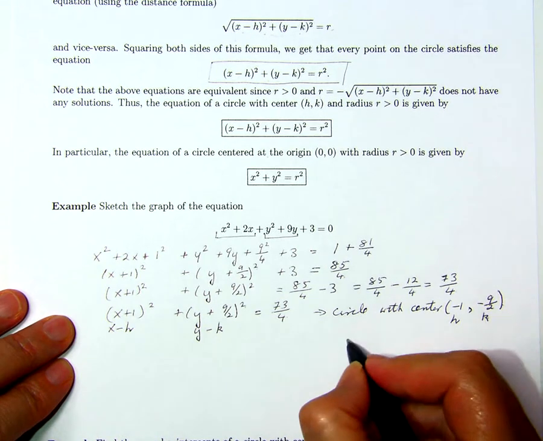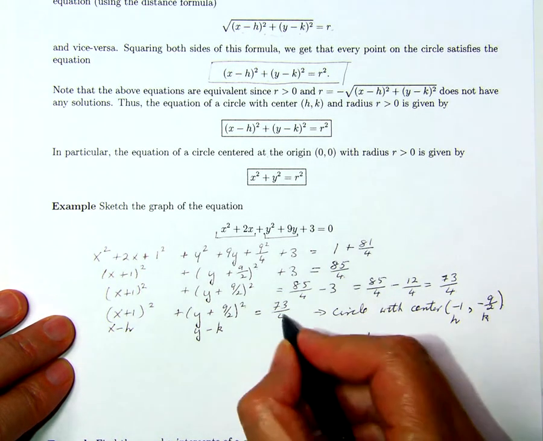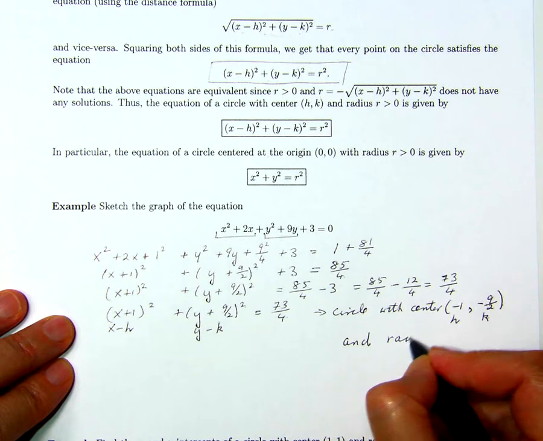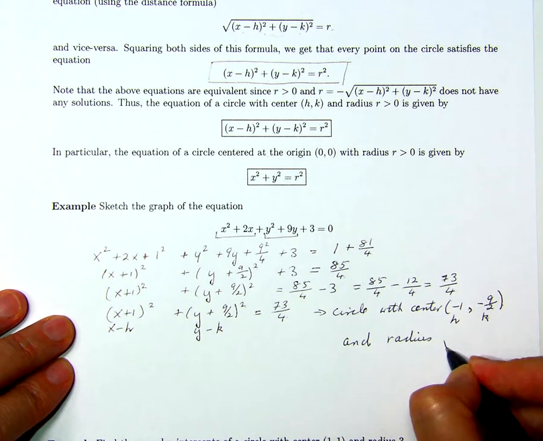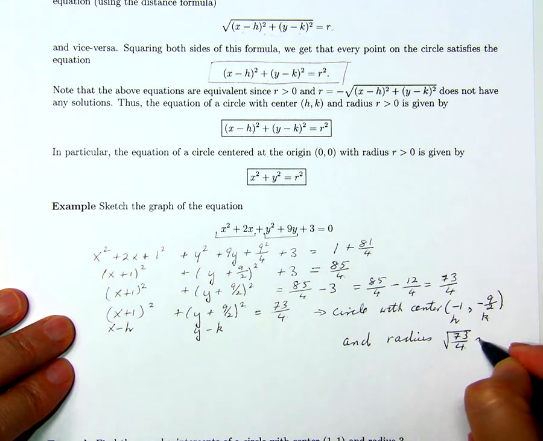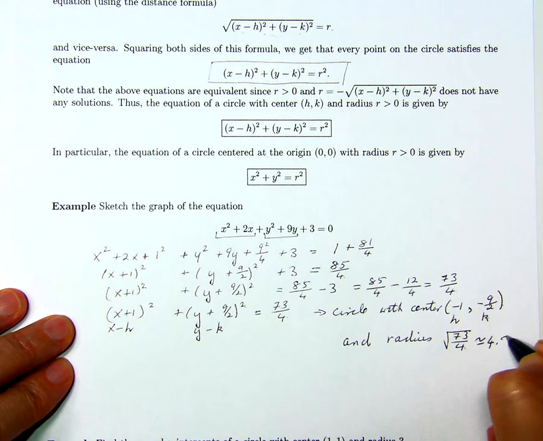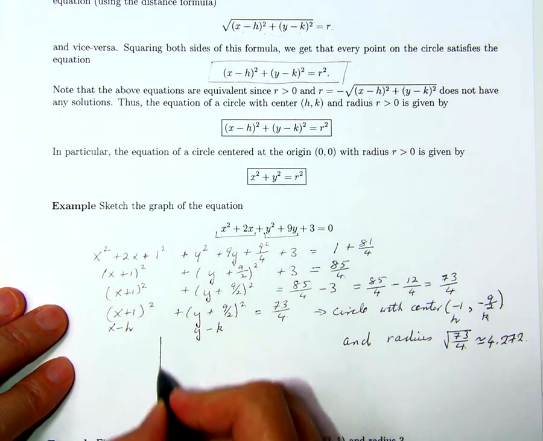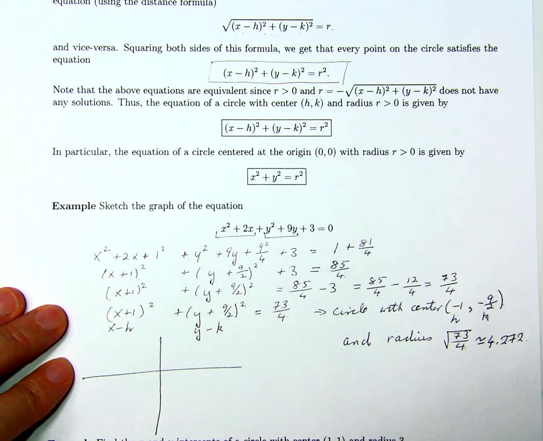And the radius, well, this is r squared, so my radius is the square root of 73 over 4. You can check on your calculator, that's approximately 4.272.